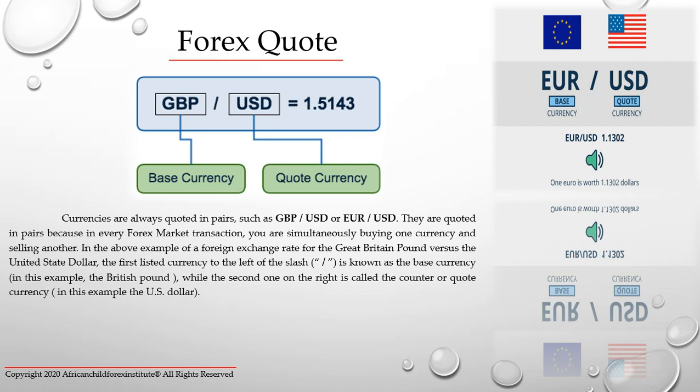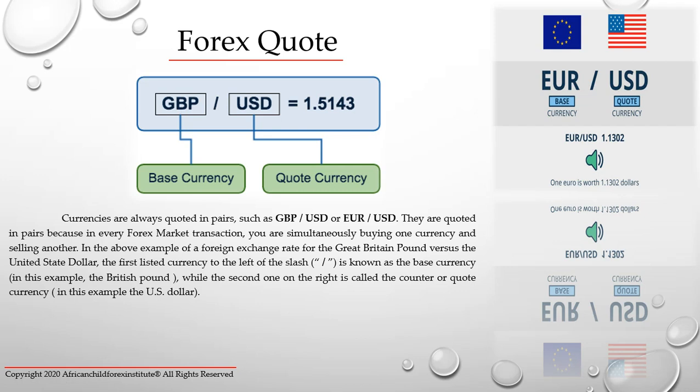If you're selling the base currency, you're buying the quote currency, because your action is the opposite of the other. So if you're buying the base, you're selling the quote. If you're selling the base, you're buying the quote.